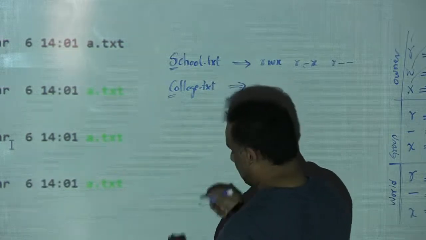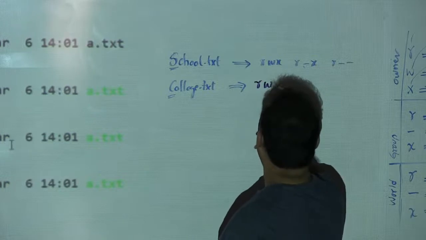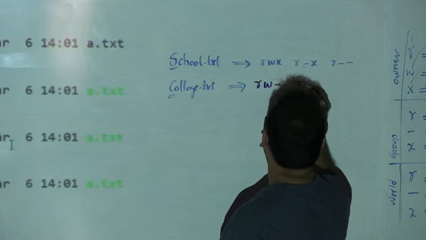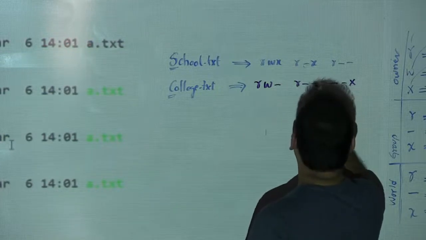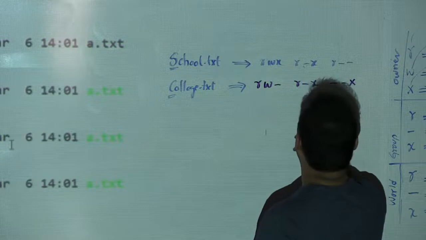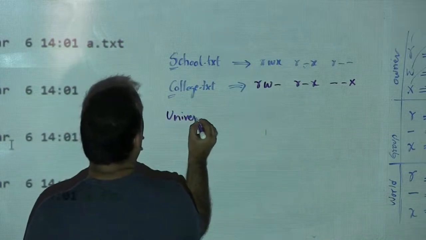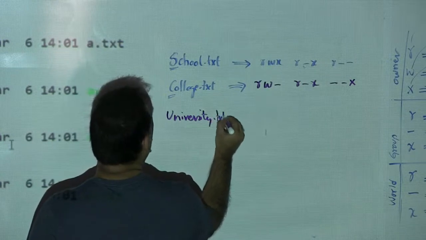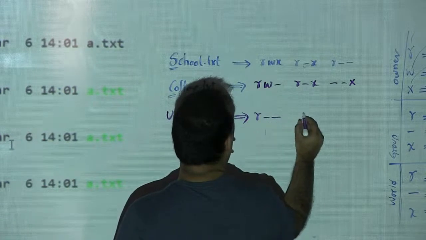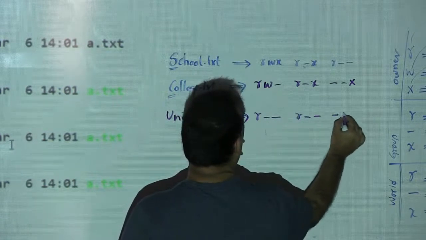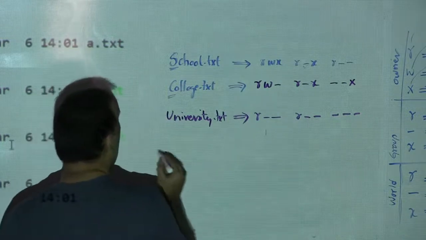I want you to change the permission to read, write, hyphen, read, hyphen, hyphen, and then hyphen, hyphen, execute. Okay? And then you have university.txt, which has this permission.